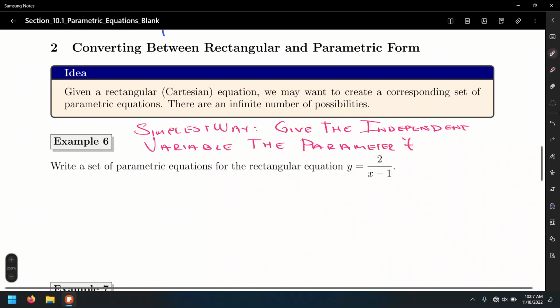So that's the easiest way to go about it. Of course, it doesn't have to be t all the time.